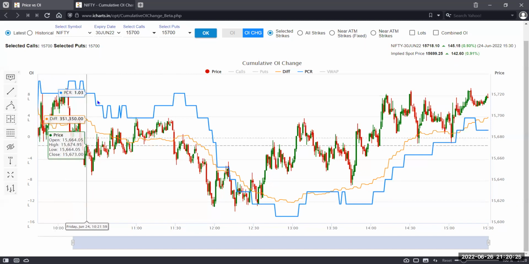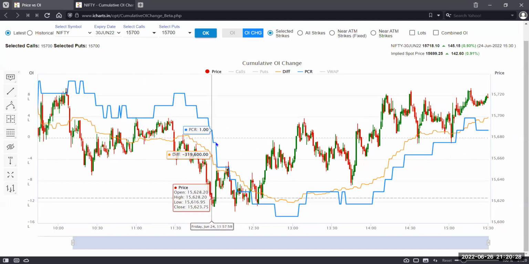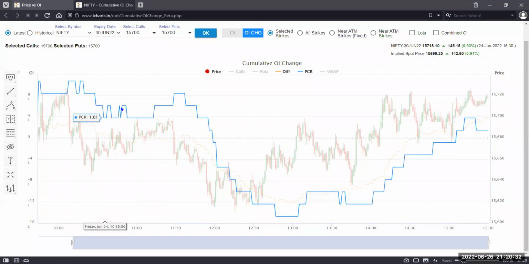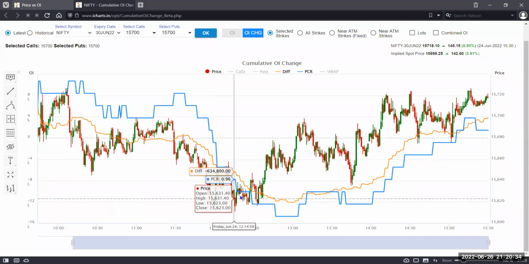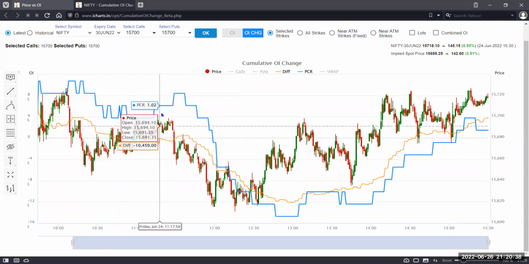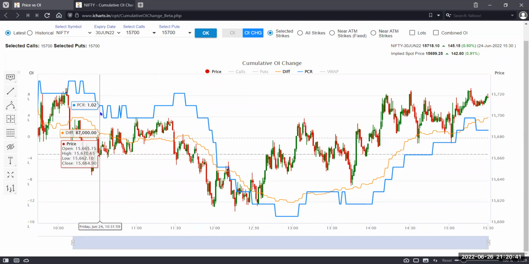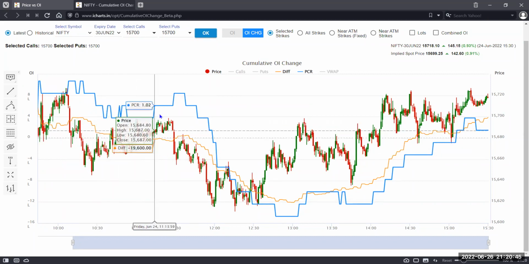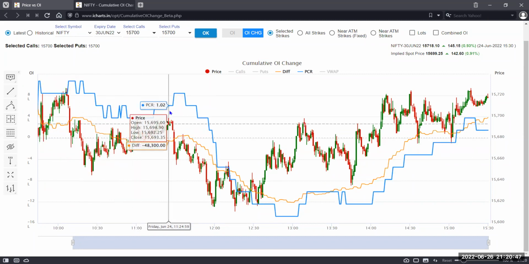In both these cases, PCR will go down. So that's the reason why we say the PCR going down is a lot more important than the value of PCR. So keep an eye on this. Now, based on the same logic, PCR going sideways. Sideways means this way it is flat over here.